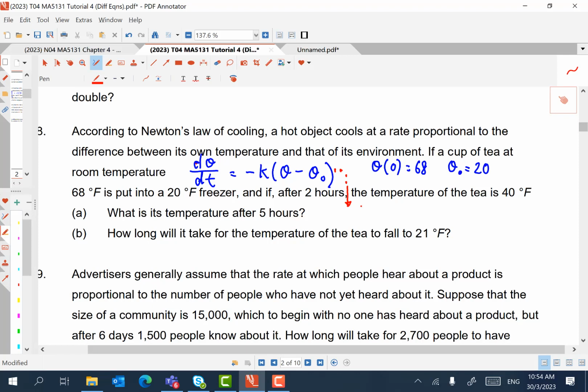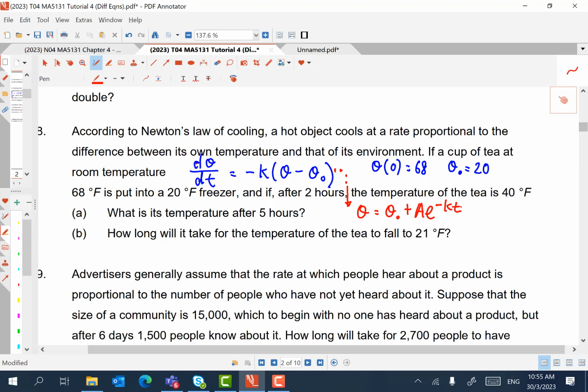You should get theta equals to minus kt plus a e to the power minus kt.